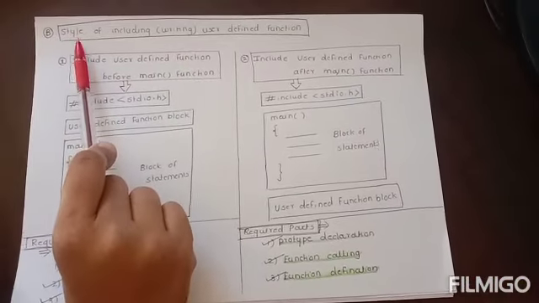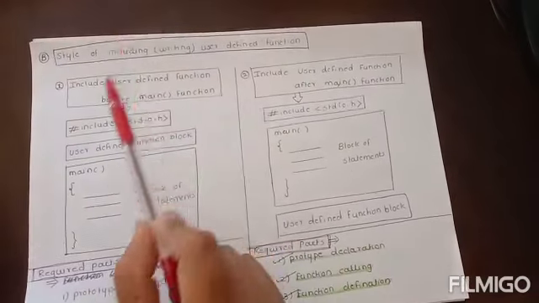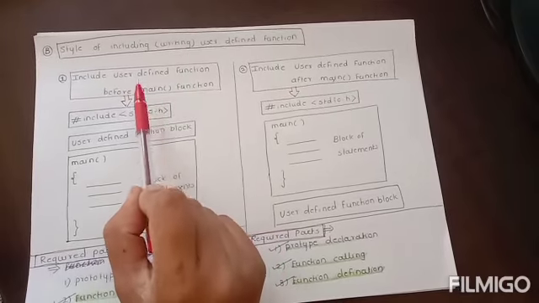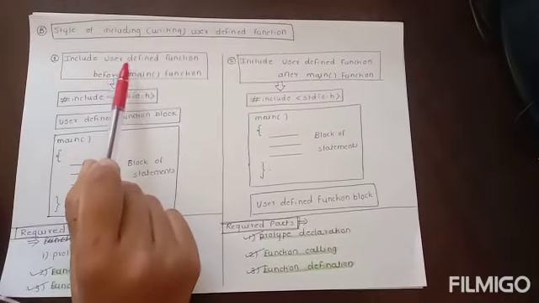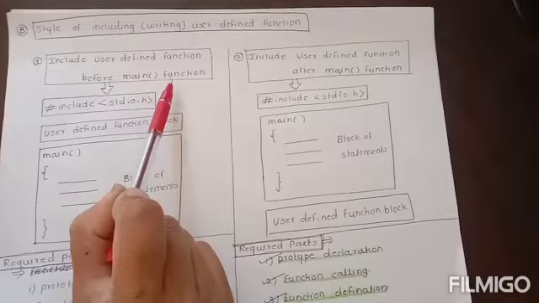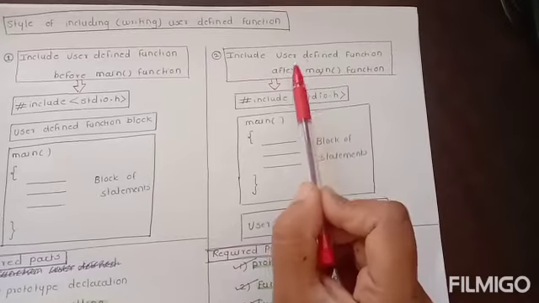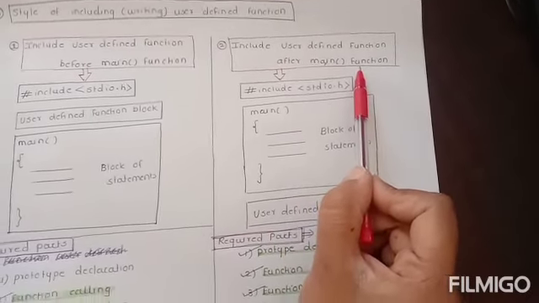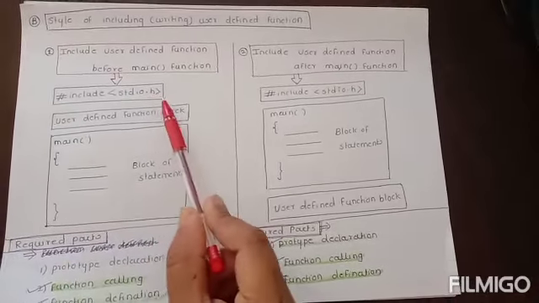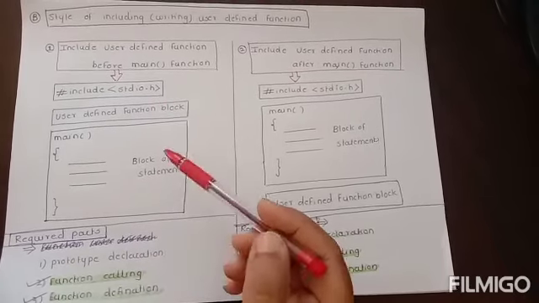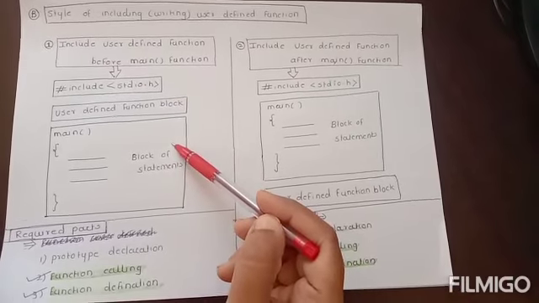So the next point is the style of including or writing a user defined function. Here it includes a total of 2 types or styles. That is, if I want to write the user defined function before the main function, and second, if I want to write the user defined function after the main function. In the simple block diagram or structure, as you observe here, first your header file, next would be your user defined function block, and third would be your main function.